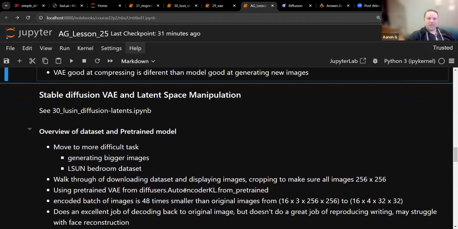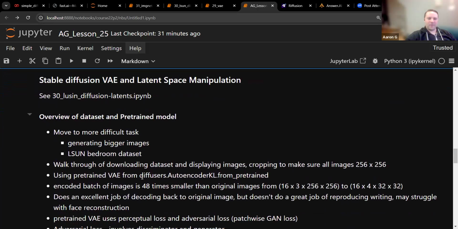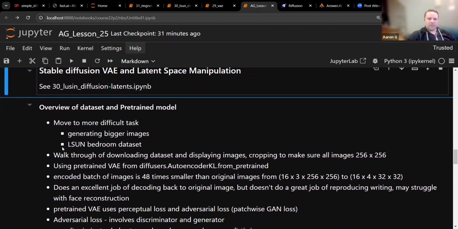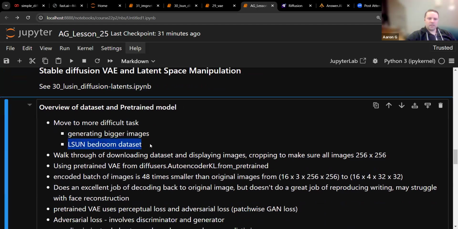The next item on the list was dealing with bigger images. This is notebook 30. And I think they were 256 by 256. And this is the LSUN data set, specifically the LSUN bedroom data set.